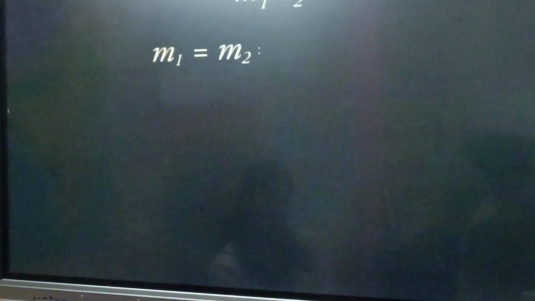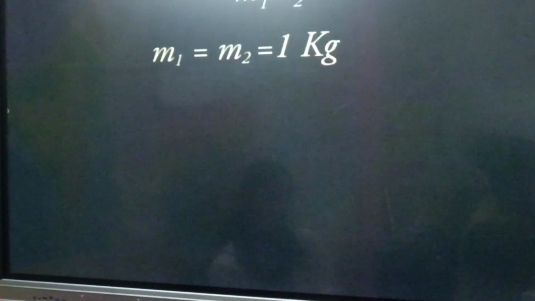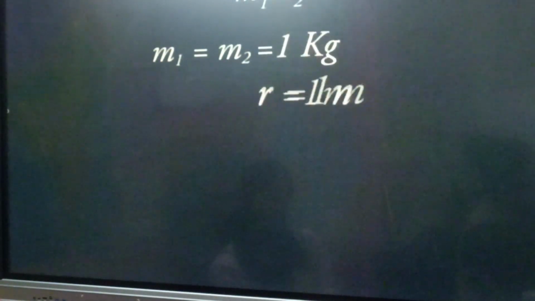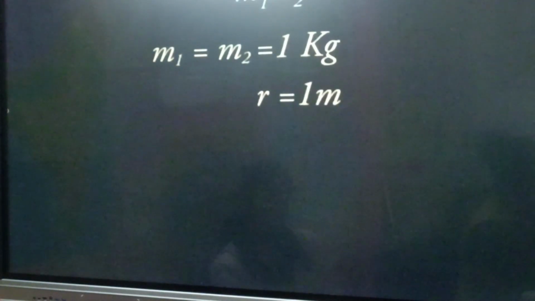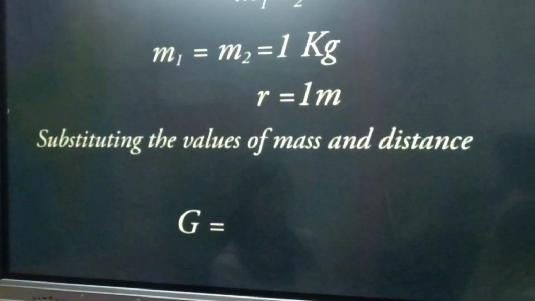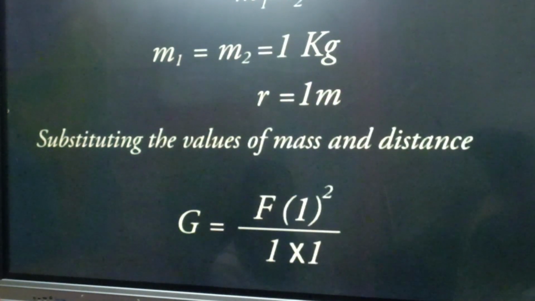If m1 is equal to m2 is equal to 1 kg and r is equal to 1 meter, then G is equal to F into 1 square divided by 1 into 1, which is equal to F.